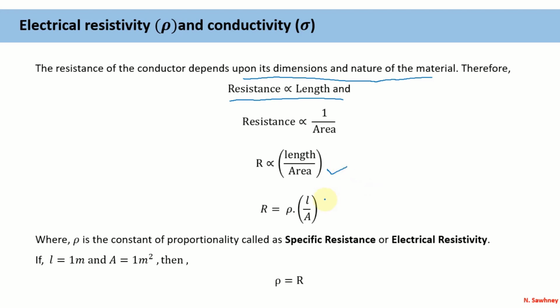And if we remove the proportionality sign, there is a constant term known as resistivity or specific resistance. If we put down the value of length and area as 1 each, that is length is equal to 1 meter and area is equal to 1 meter square, then the resistivity comes out to be equal to resistance.